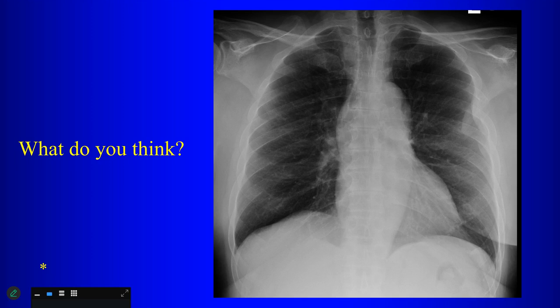How about this? Is there opacity? It's on the right, I'm trying to figure out what line that is. You're worried about the right? Right what? Anterior mediastinum. You're worried about the anterior mediastinum.